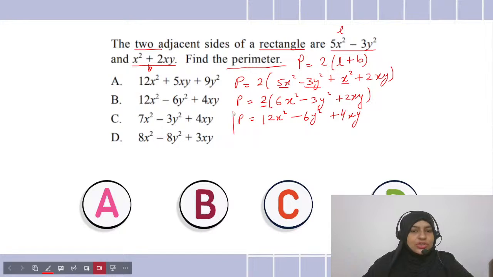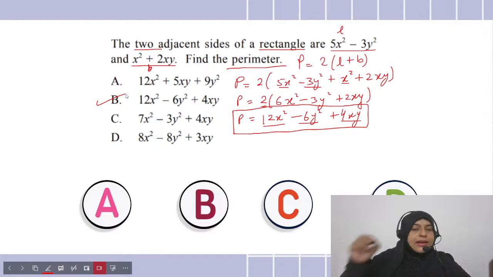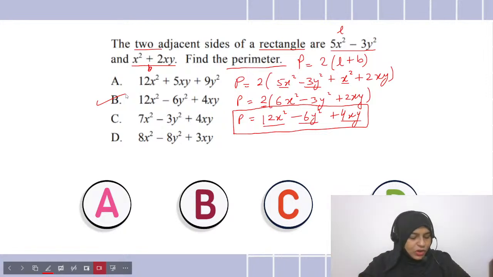So this is your expression for perimeter. So which option is correct? 12x square minus 6y square plus 4xy. Option B is correct. Okay. I hope all of you are getting the same answer.